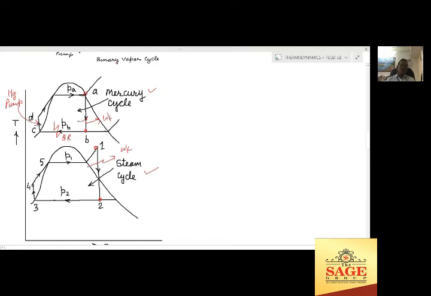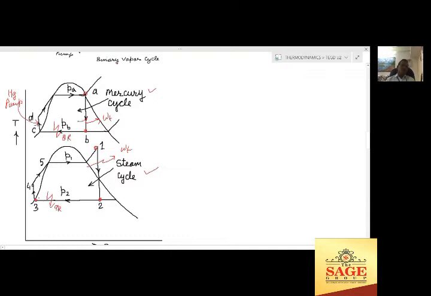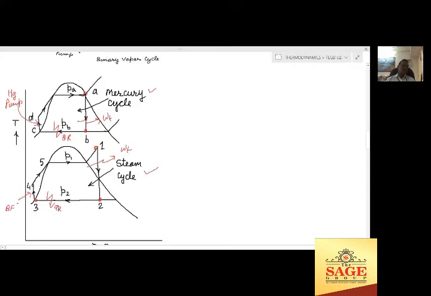At point 2, when the steam is exhausted, from 2 to 3 there is heat rejection. 3 to 4 is the boiler feed pump, where the pressure is increased. And 4 to 5 is heat addition up to point 1. So these two cycles are shown combined on the TS diagram.